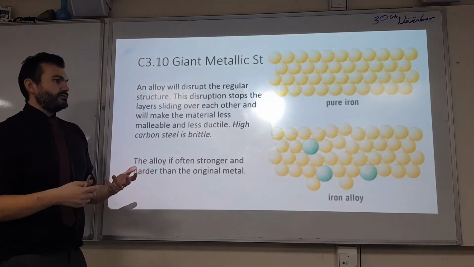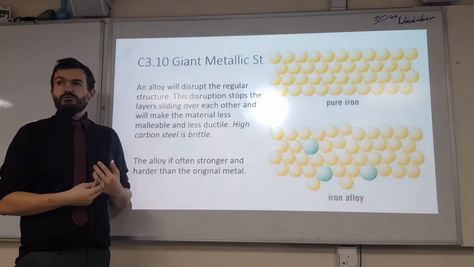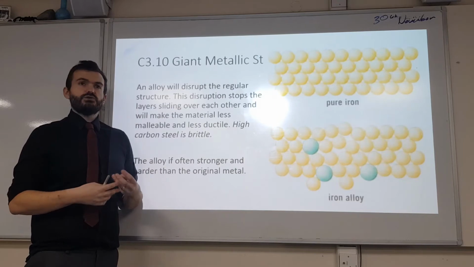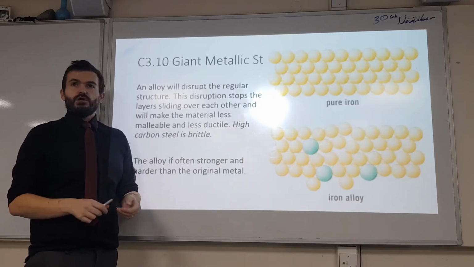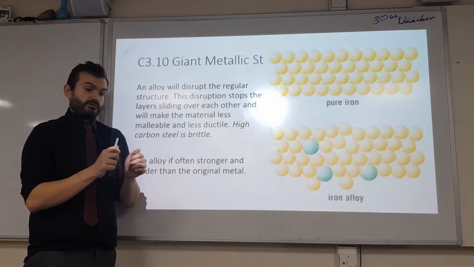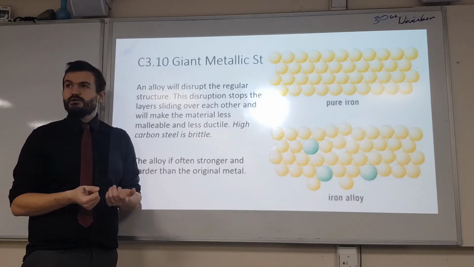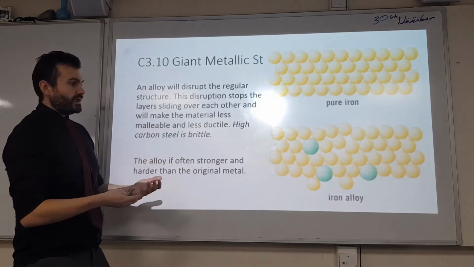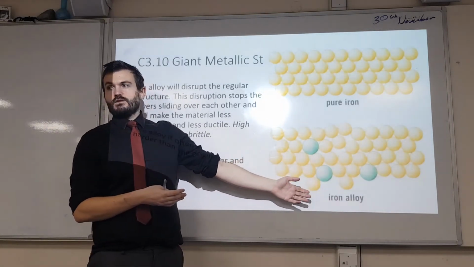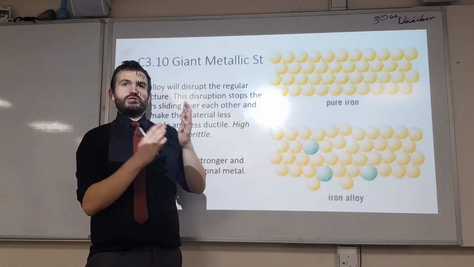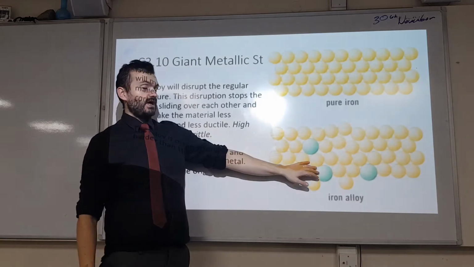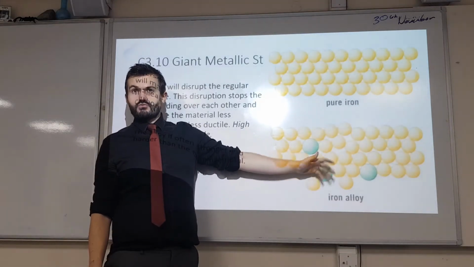If you get high carbon steel, things with power tools, you quite often get high carbon steel. And what will quite often happen, instead of bending, is those tools will just snap in half. That's because once we've included our carbon, we can't slide over and change shape. Instead of sliding, the carbon will just effectively break the material.